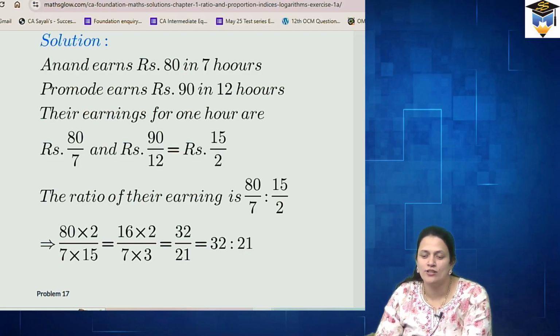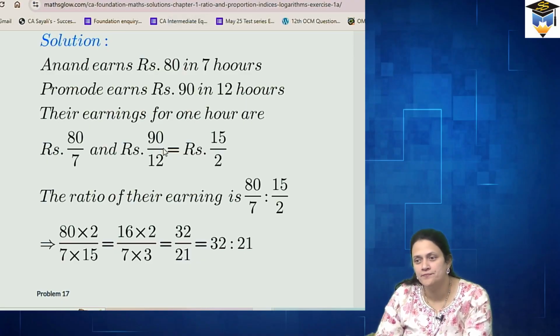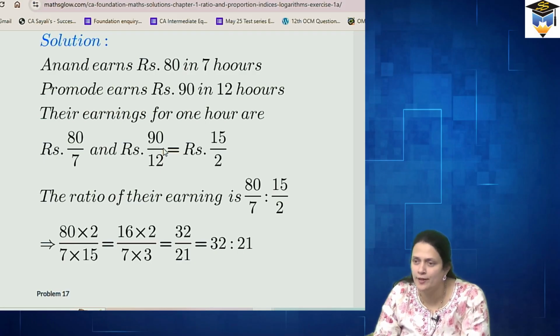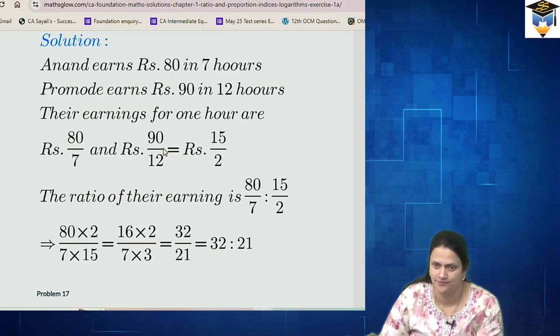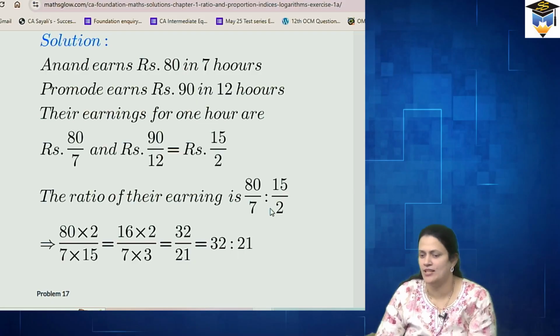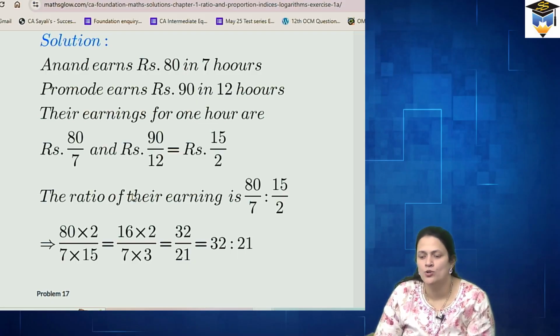All right. So 90 upon 12. What is the lowest form? So divide by... So 30 upon 4 will come. Again divide by 2. 15 upon 2 will come. Got it? Yes. So 80 upon 7 is complicated, so we will go by our method.